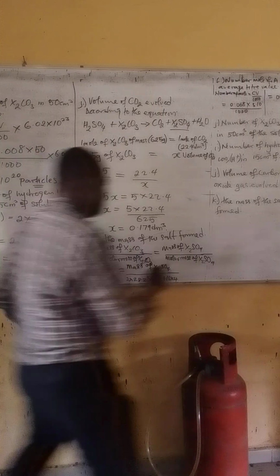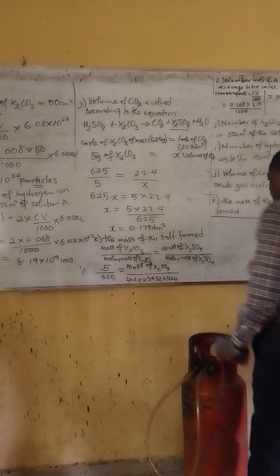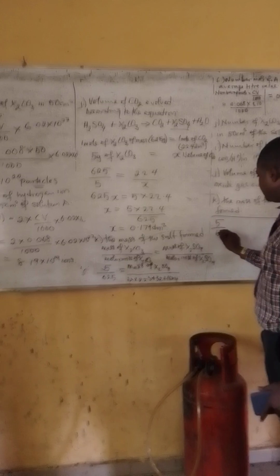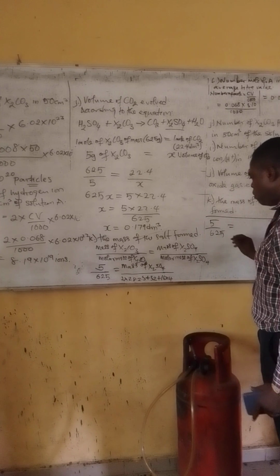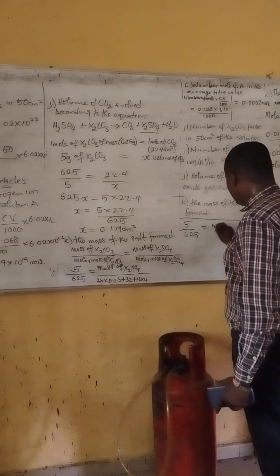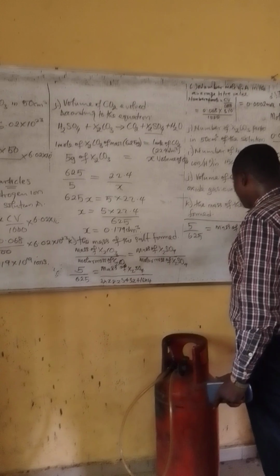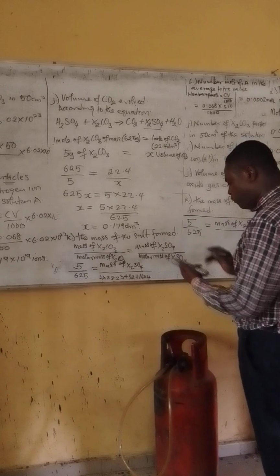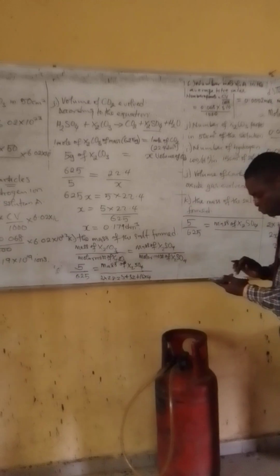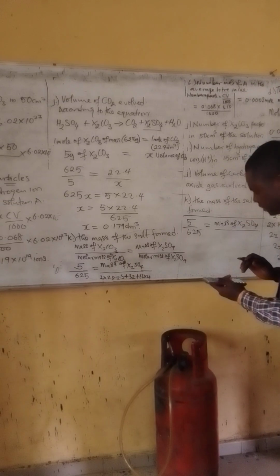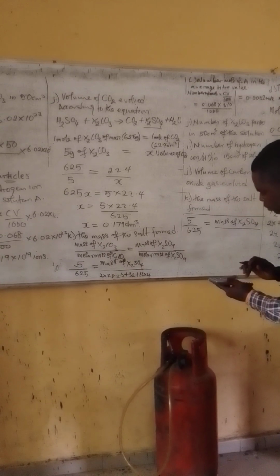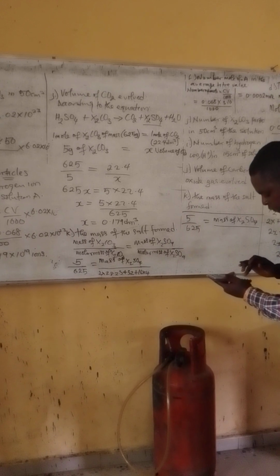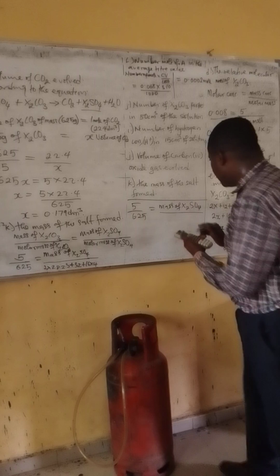Now we have 5 over 625 is equal to mass of X2SO4 over, let's look for this, 2 times 282.5. Answer is 565.